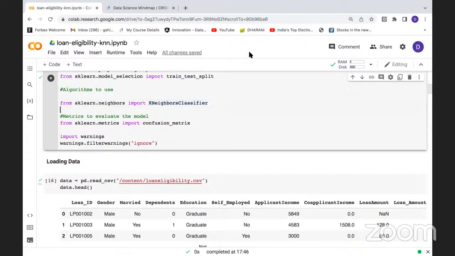Now the point is, how will you evaluate whether your model is good or bad? If it is a classifier, the prediction happens in categorical form. The output you are getting is yes or no. Now how can you calculate the accuracy of this model?